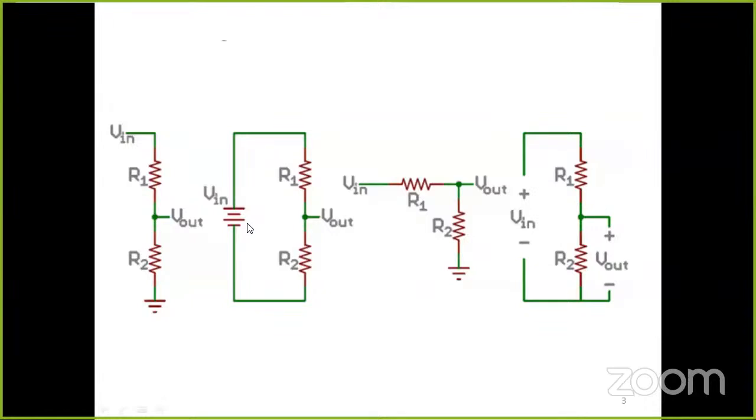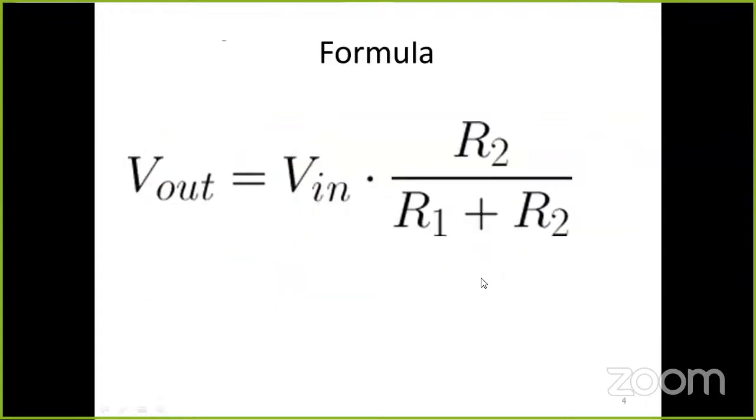If you are not familiar with it, try to understand, because that will be helpful later on whenever we make any kind of complex circuitry, or when we program it using Python as well as embedded C. Now you can see we are using R1 and R2, two resistances, and all the circuits are the same; their representation is only different. So this one will be the formula of the voltage divider rule.